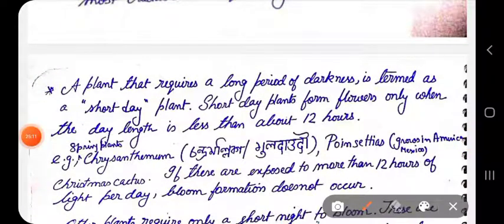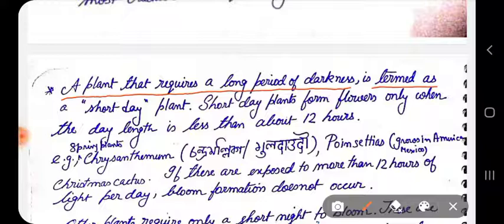Now, what is a long day plant? A plant that requires a long period of darkness is termed a short day plant.